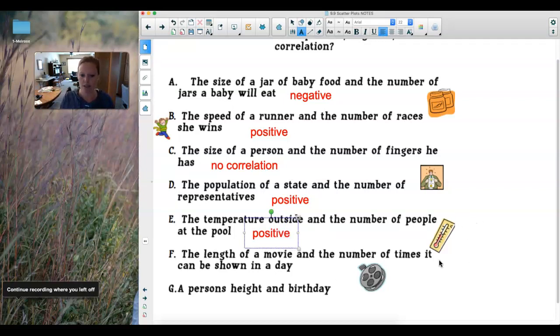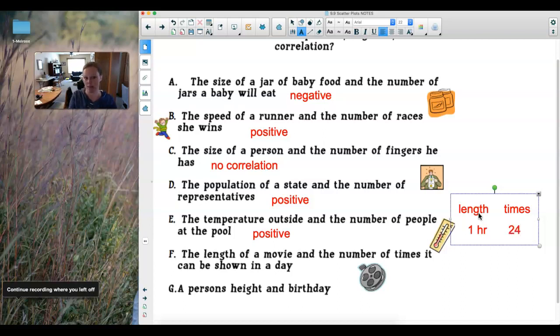Okay, the next one, the length of a movie and the number of times it can be shown in a day. Okay, I'm going to put this one in a kind of chart over here to show you the length and the times it can be shown. So let's say that a movie is 1 hour long. In one day, it can be shown 24 times.